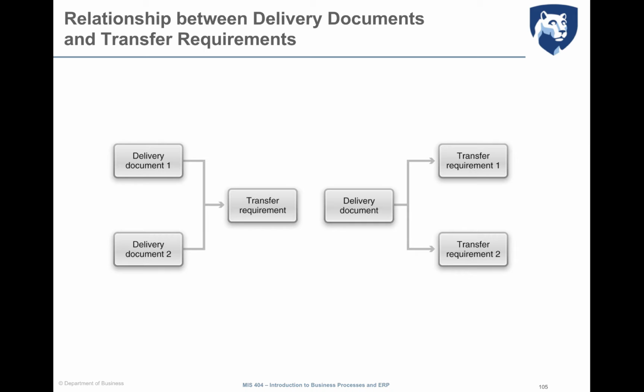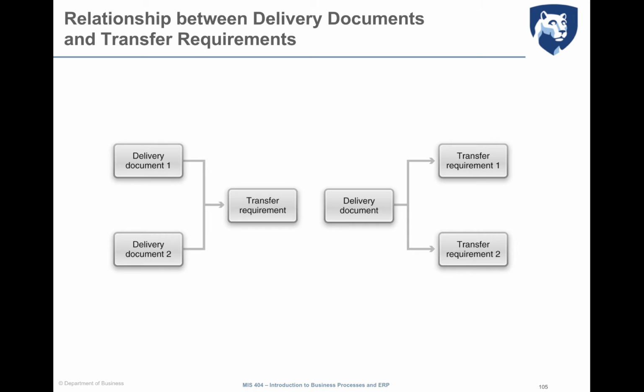Then the delivery document, of course, serves logistics people, and we will see that when we deal with warehouse and logistics activities for picking. The delivery document says you need to deliver this stuff on that day to this address.